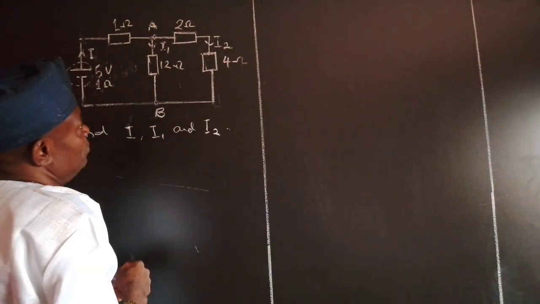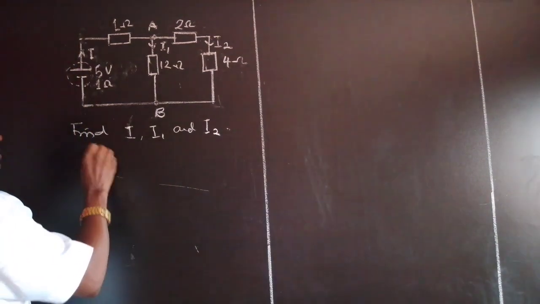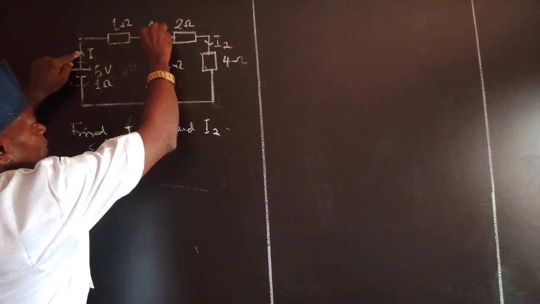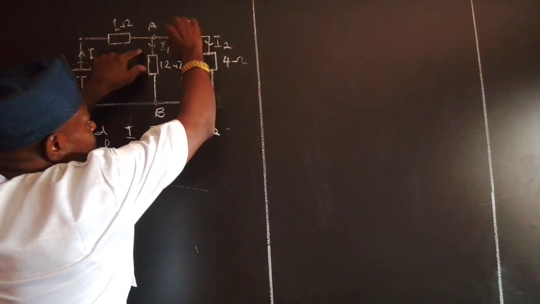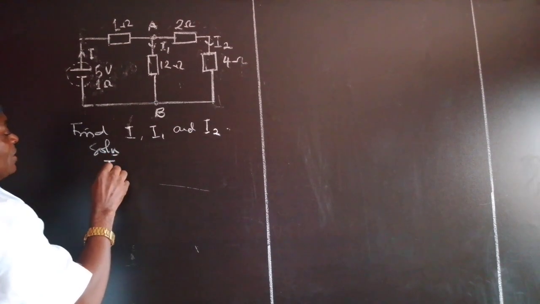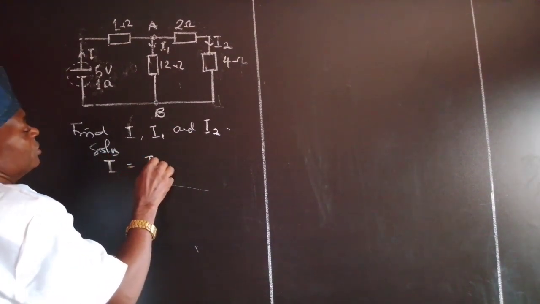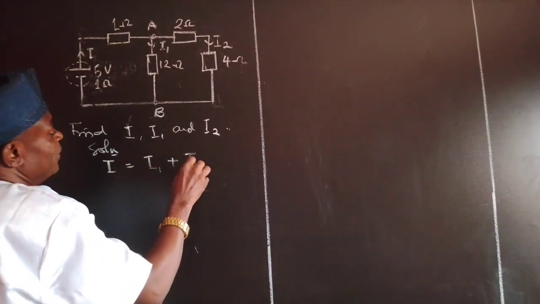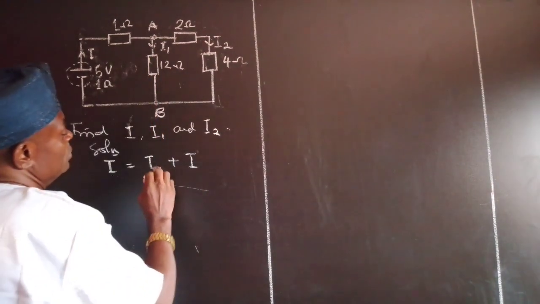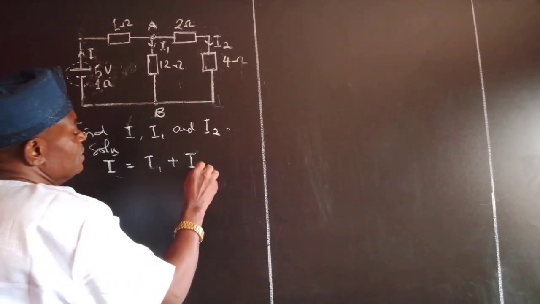So what are we going to do? I told us last time that when we have a current entering a junction and other currents leaving the junction, the current entering the junction is equal to the sum of the other currents leaving the junction.